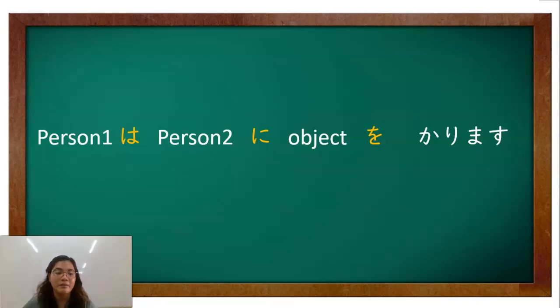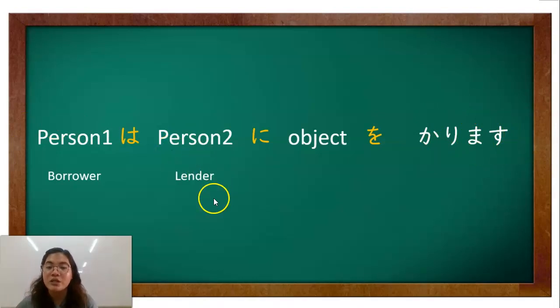So si borrower, sinanghiram na naman yung particle wa natin kasi siya yung gumagawa ng action. Si person ni, which is the lender naman, yung nagpahiram. The same with the object, kung ano yung object mo, siya pa din yung particle o.